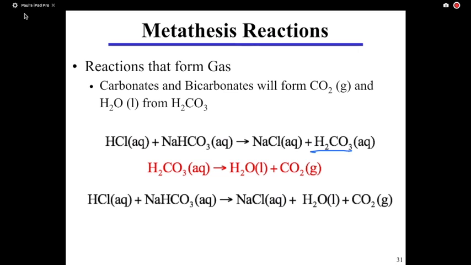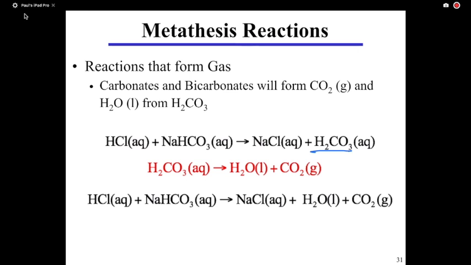In this case, hydrochloric acid plus sodium hydrogen carbonate will create sodium chloride and carbonic acid. Here's the deal. We can predict carbonic acid exists, but no one's ever identified or isolated it. It is so unstable, it will break down immediately into water plus CO2 gas.